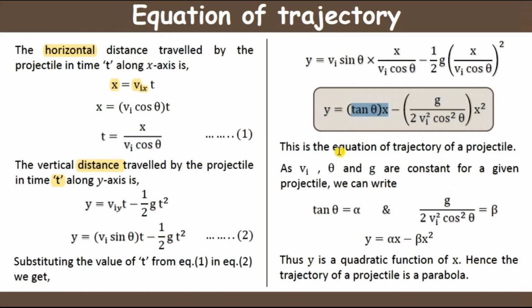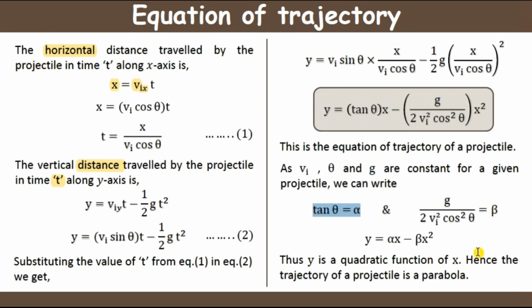Now if you look at it over here, the above one is called the equation of the trajectory, that is the equation of projectile motion. As the initial velocity, the angle of projection and the acceleration due to gravity are constant for a particular projectile motion, then the tan theta will be given by alpha.